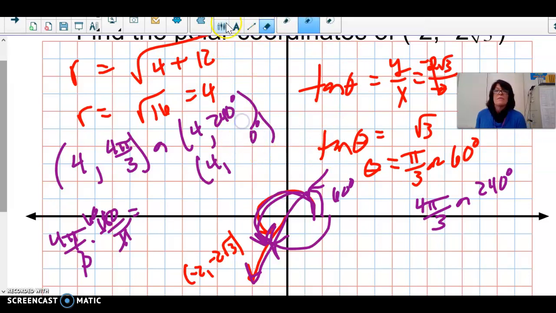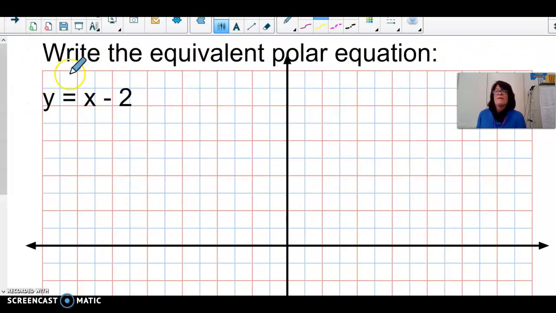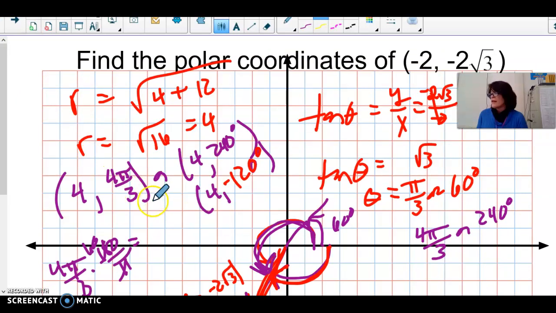I put my 1 and 2 in the opposite direction. 4, negative 120 degrees. And that'll get me there too. I think I gave you the polar to do it. You can graph that on the polar coordinate system.